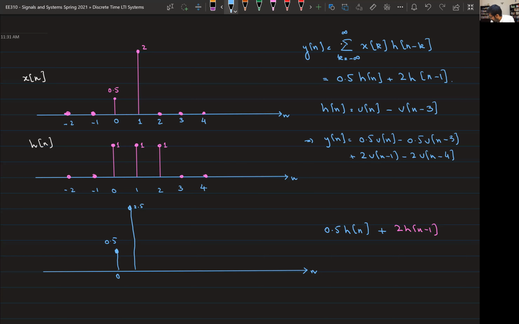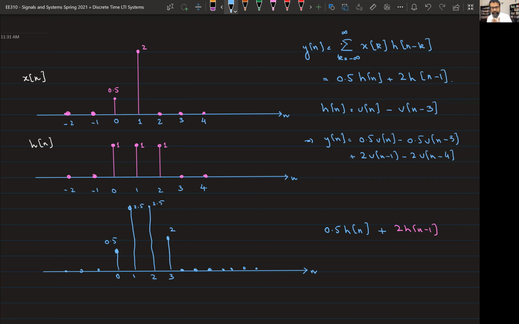And then this is going to be 2.5. And then this is going to be 2. And then it's 0. So this is 1, 2, 3. Take my word for it. You should be able to do this graphically, right?